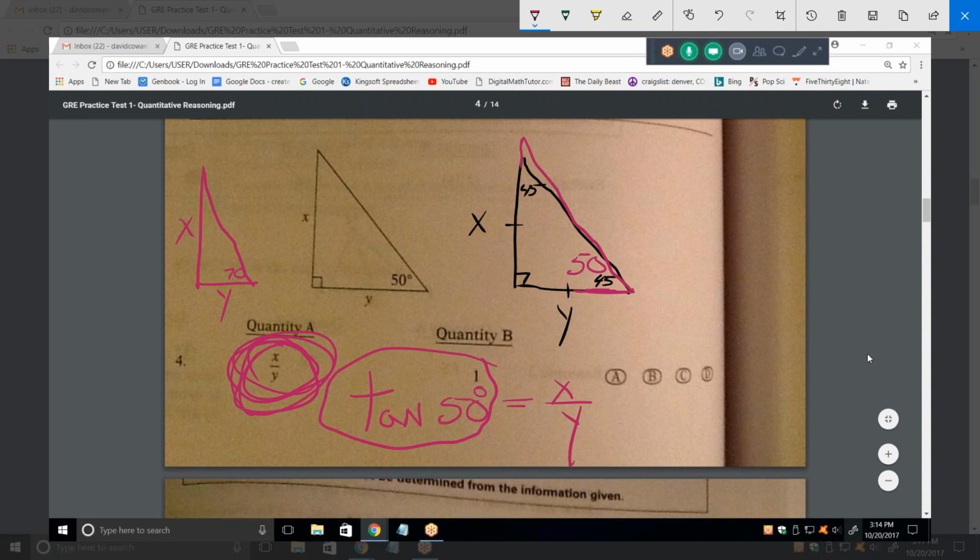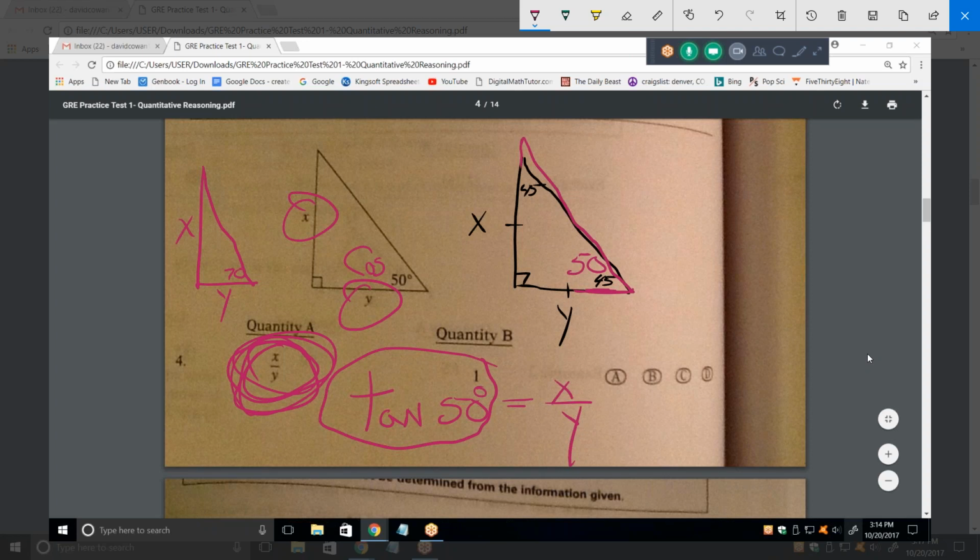If you remembered your trig functions, where tan is opposite over adjacent, the tan of 50 degrees is always x divided by y. So if it's cosine, would it be? Yeah, let's do cosine of 50 degrees.